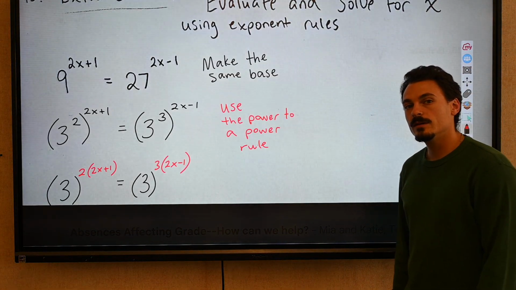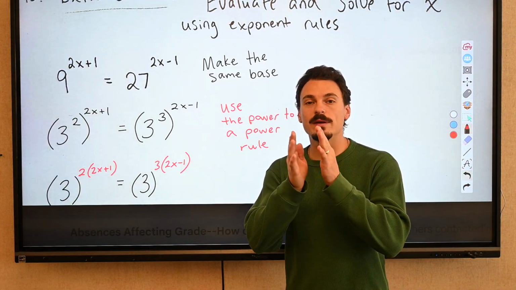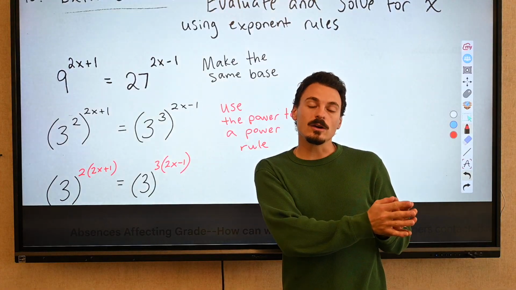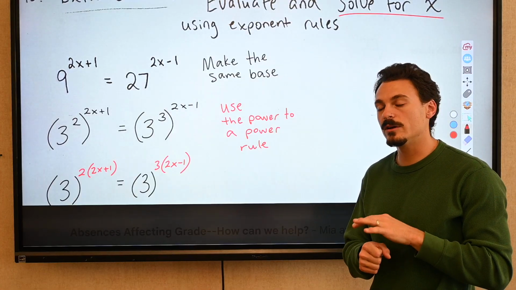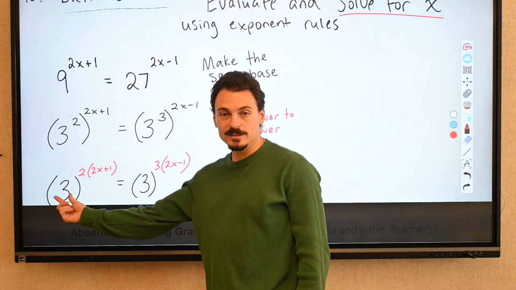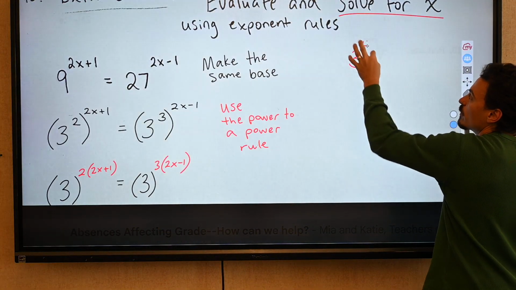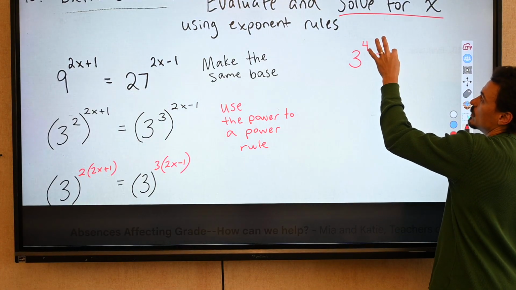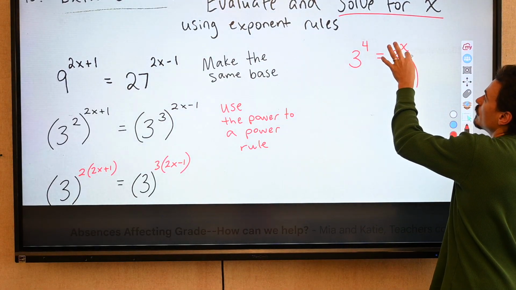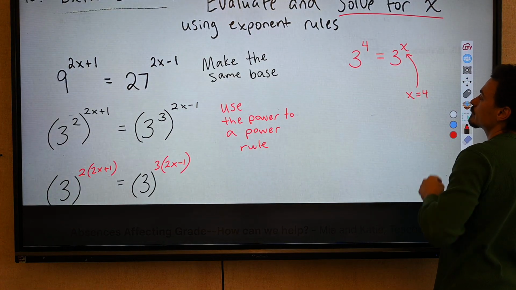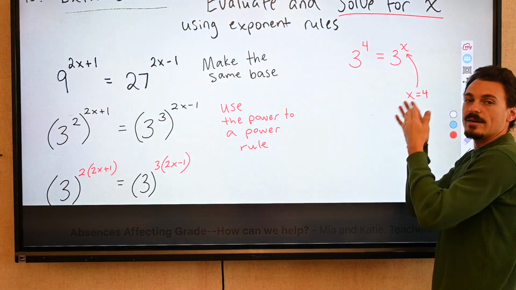Now, I want to make a little side note on this extra credit question. Here's where you have to make that leap of thinking. The goal for this question is to solve for x. Since we have the same base of 3, you know that if you had like 3 to the 4th, for example, and that was equal to 3 to the x, you would know that x has to equal 4, because the left side of the equation and the right side of the equation have to be equal.